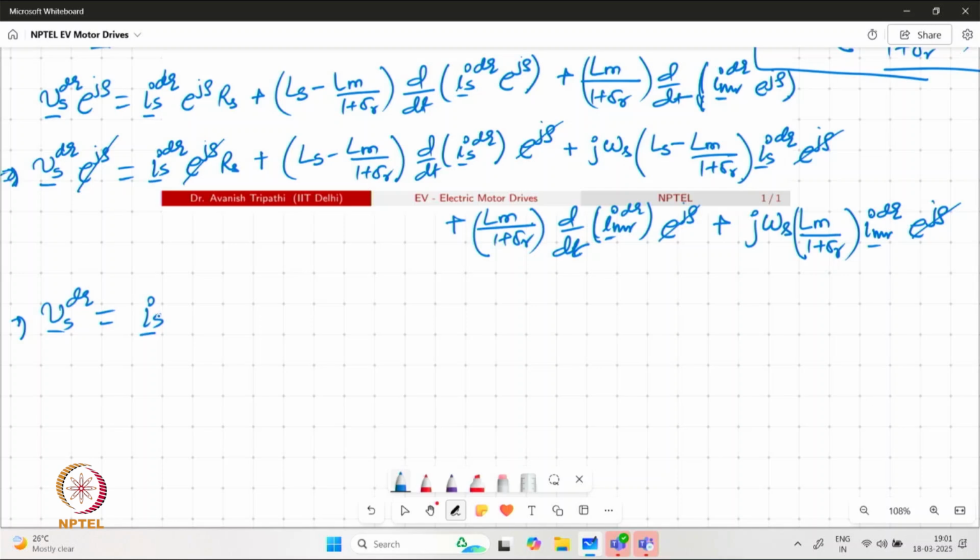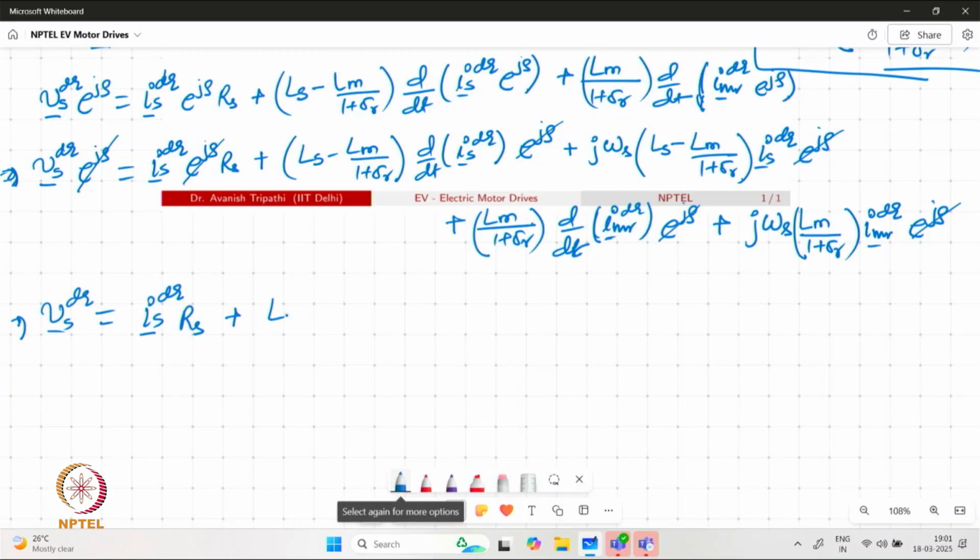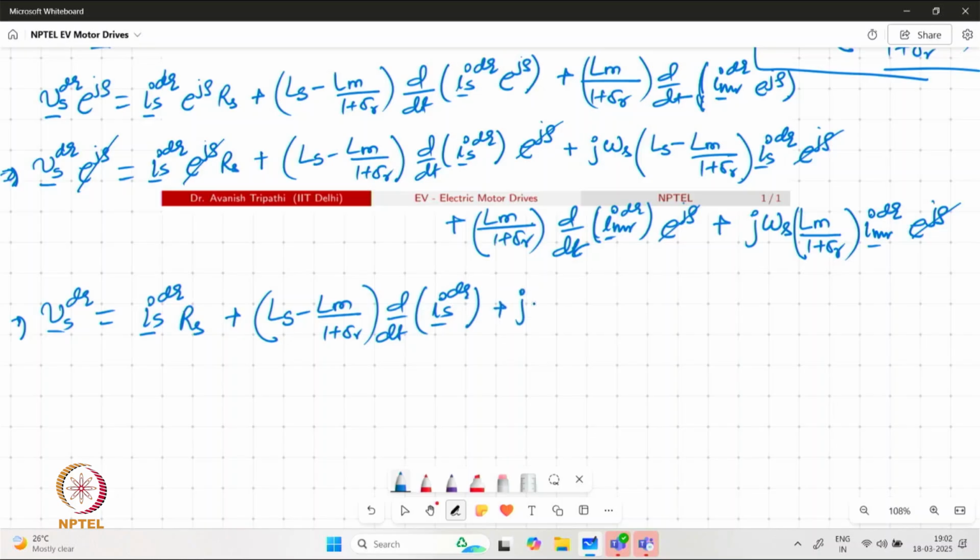So Vs dq is equal to Is dq Rs plus Ls minus Lm by 1 plus sigma r, d/dt of Is dq, plus j omega s Is dq, and the remaining two terms over here.